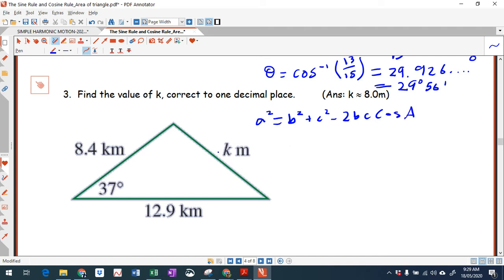Now remember, a is always the unknown side and capital A is the angle opposite that. B and C are the other two sides.